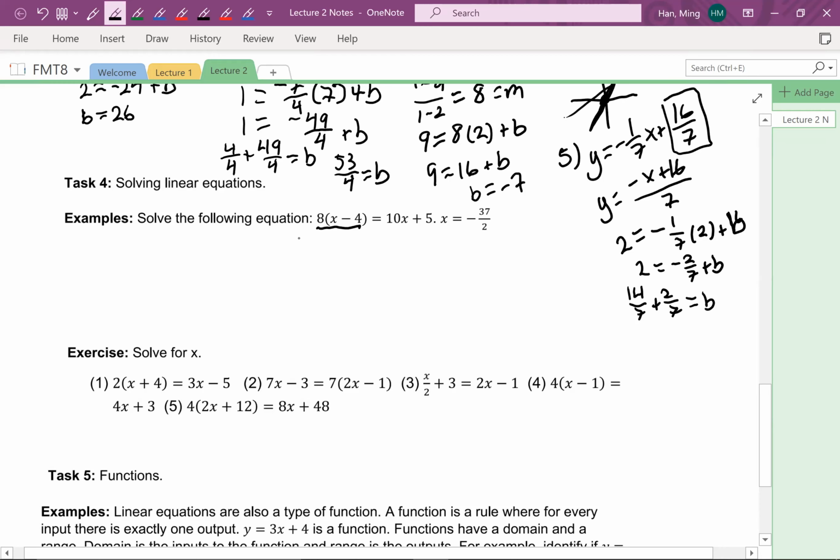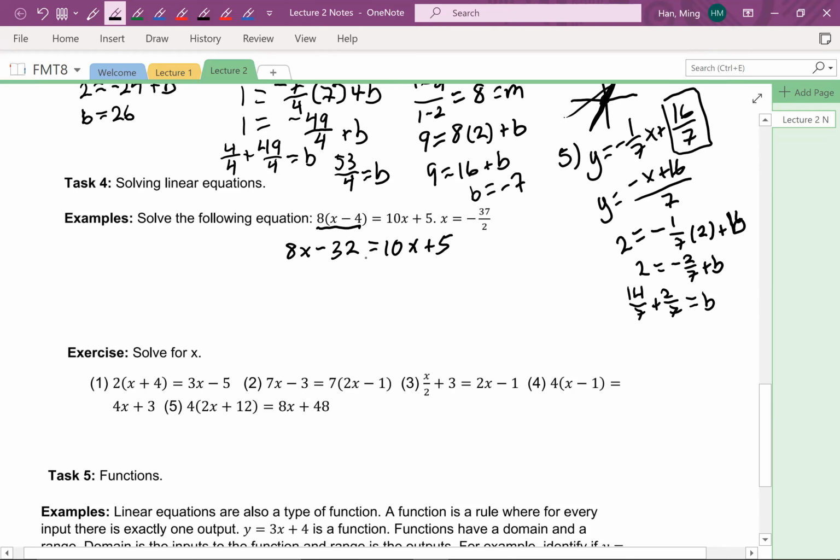Well, first you can distribute 8, so 8x minus 8 times 4, which is 32, is equal to 10x plus 5. And then you want to move the variable to the same side. So you want to have x on one side and the numbers on the other side.